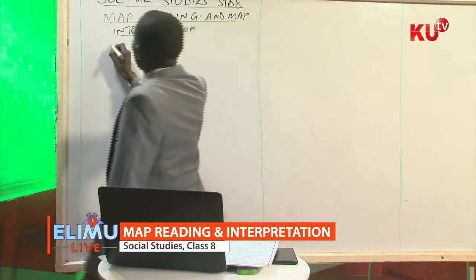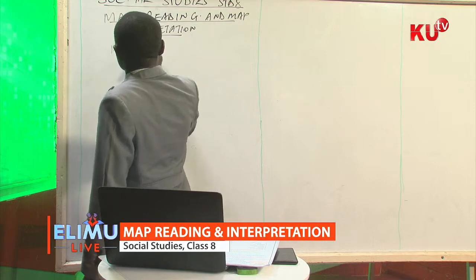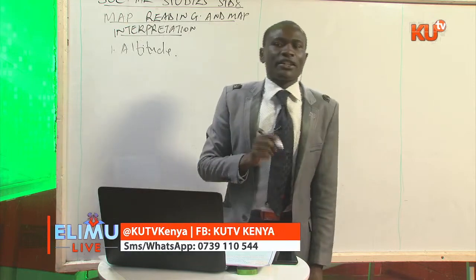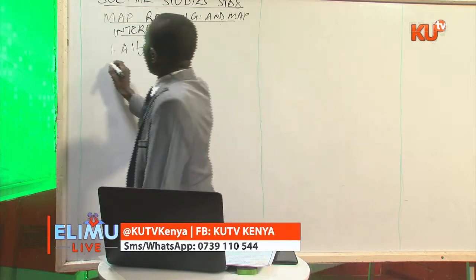One, we have altitude. Altitude is an area that is set in KCPE. Another one is direction.